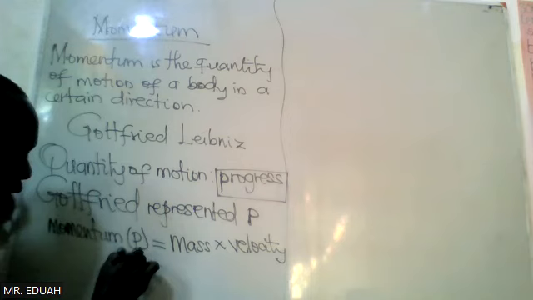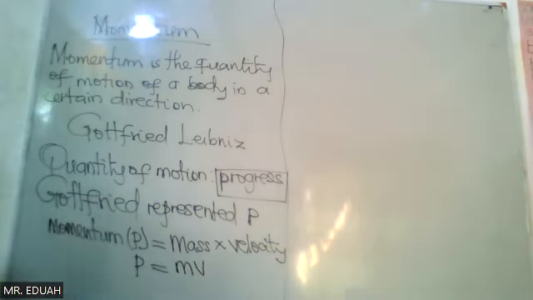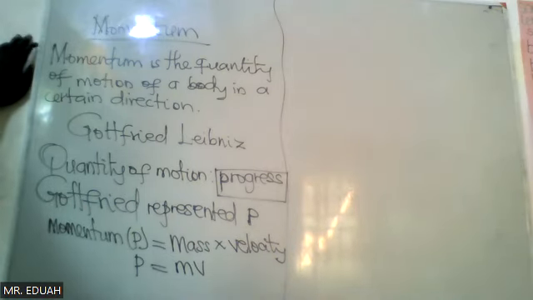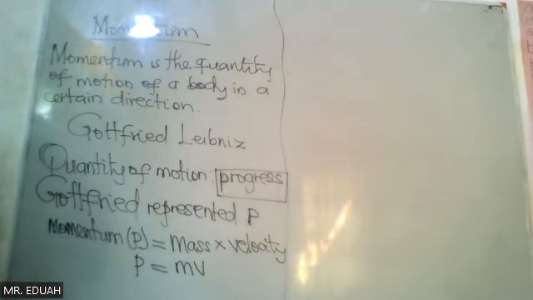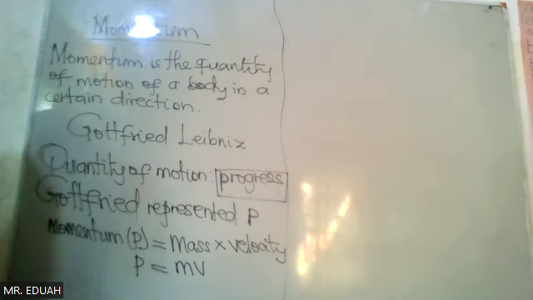So P is equal to mv. Momentum is a vector quantity, meaning that it has magnitude as well as direction. The direction of momentum always takes the direction of velocity because mass is a scalar quantity.